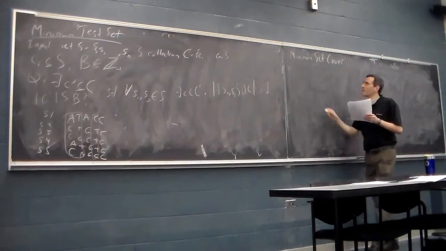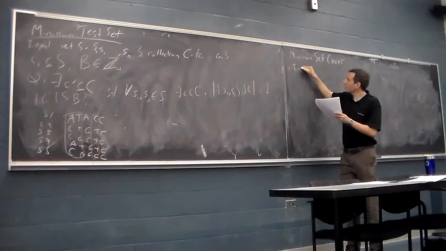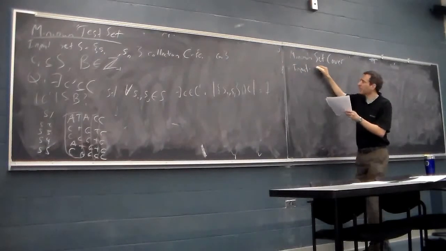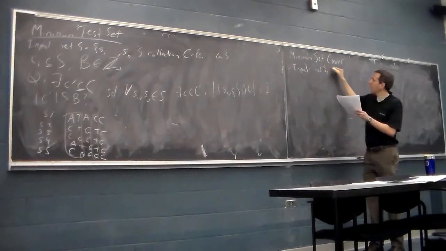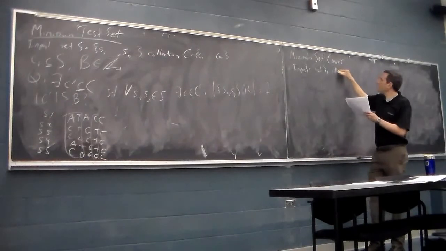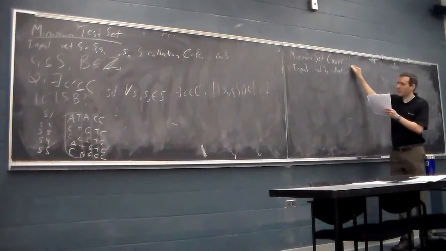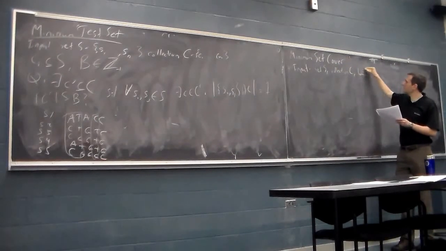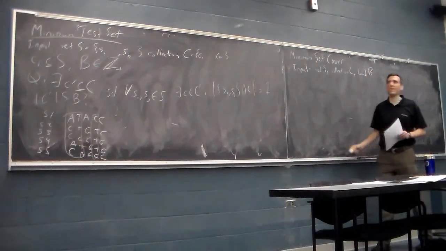So the minimum set cover problem, our input is going to look a lot like in the minimum test set. We've got a set S, a collection of subsets of S, C, a bound B. I'm not writing all the details down here.